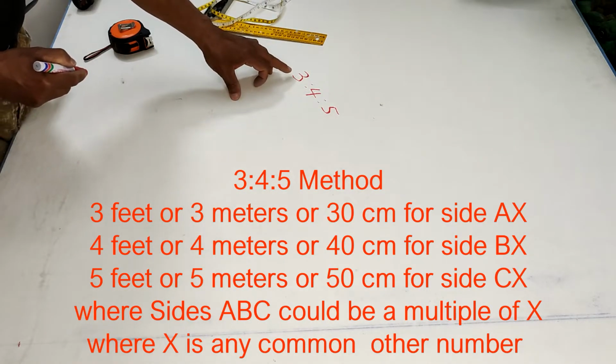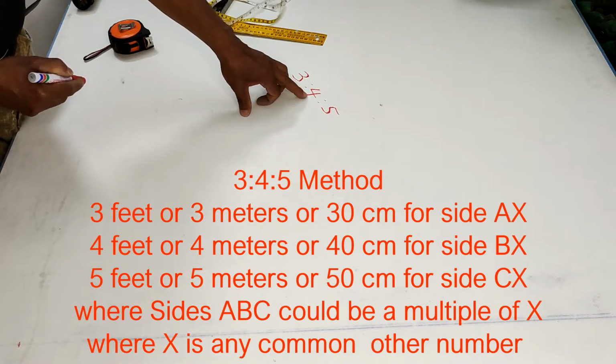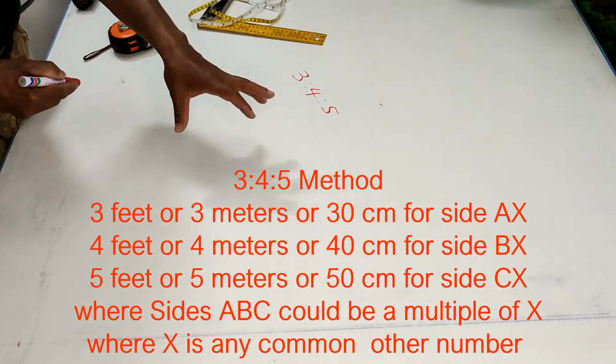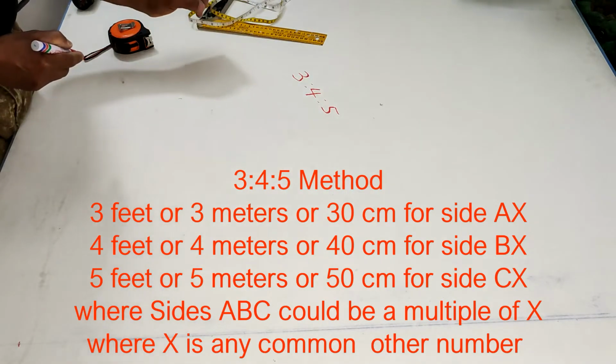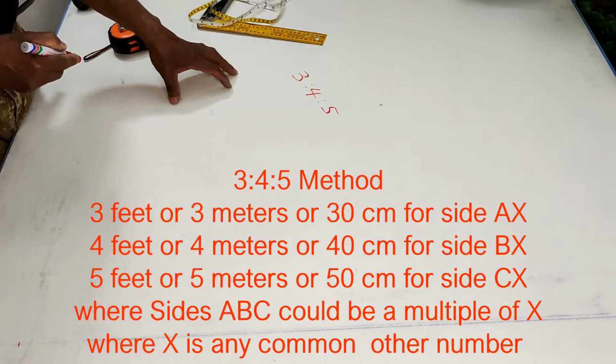If you want to use feet, this one should be 3 feet, this one 4 feet, and this one 5 feet. If you want to take your measurement in feet, it must be the same. If you want to take your measurement in centimeters, it must be the same.